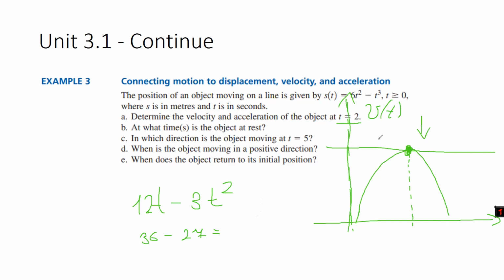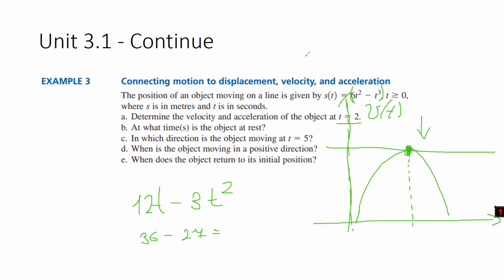So actually, to determine when the object is moving in a positive direction, you would have to plot the function of displacement, for example. And then on the graph, you can see when the distance is increasing and when it's decreasing.